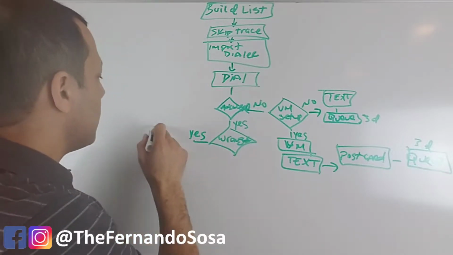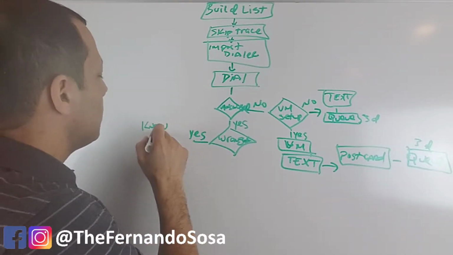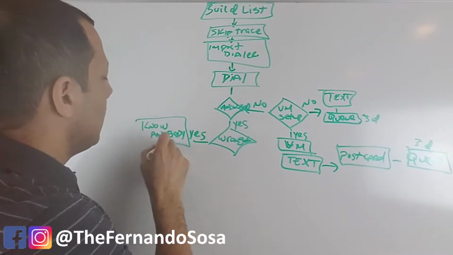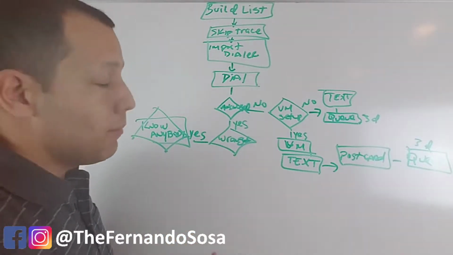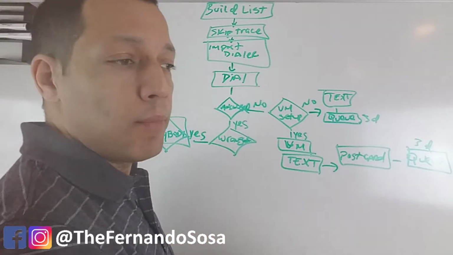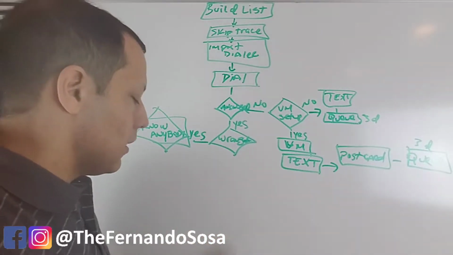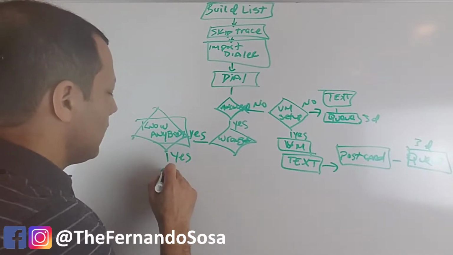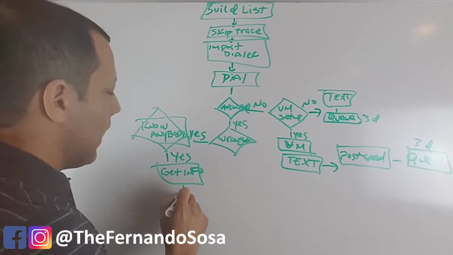If it's the wrong number, then I'm going to try to make the most out of this and ask the question, do they know anybody? Maybe the person is the wrong number, but you can have a conversation. You happen to know somebody that you can get in touch with? If they say yes, then you get their info and you add it to the list.